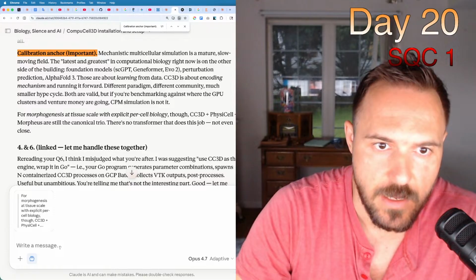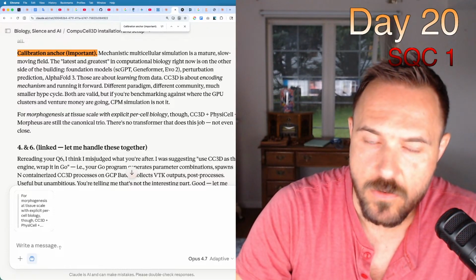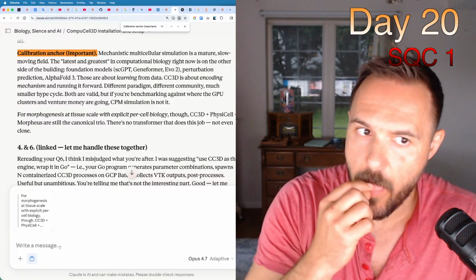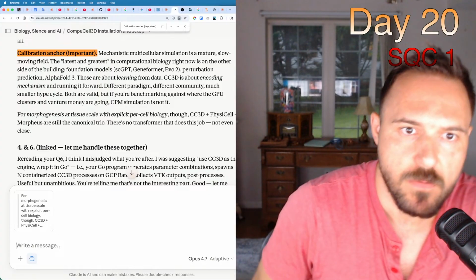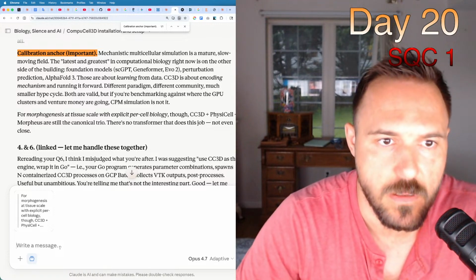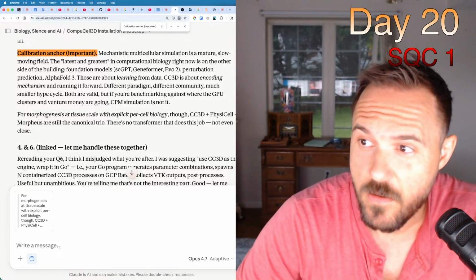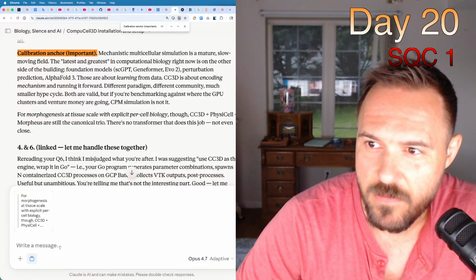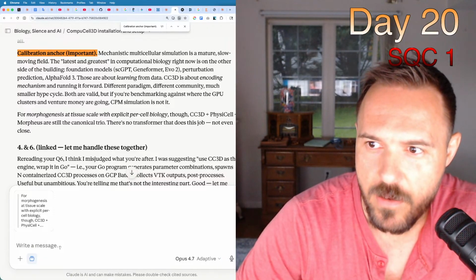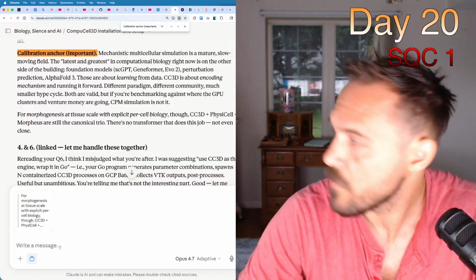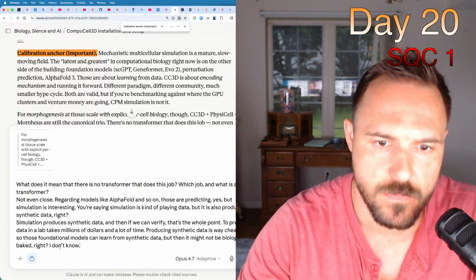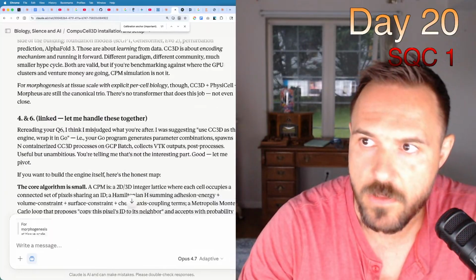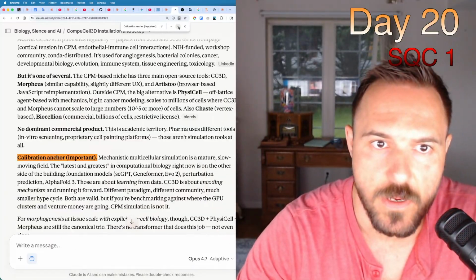Producing synthetic data is way cheaper. So those foundational models can learn from synthetic data, but then it might not be biologically grounded, right? I don't know. I think we went way too deep. Way too deep.